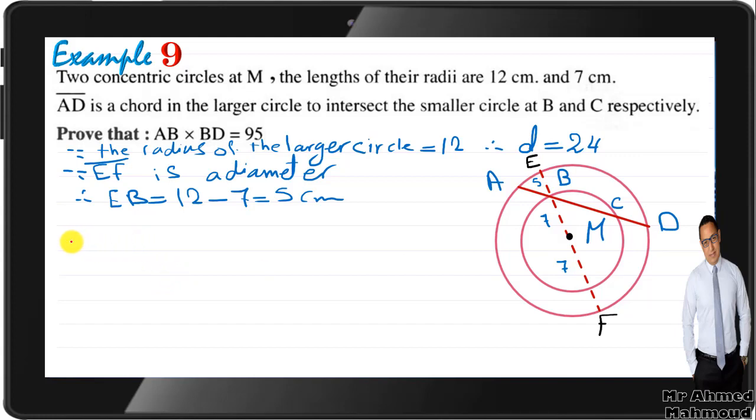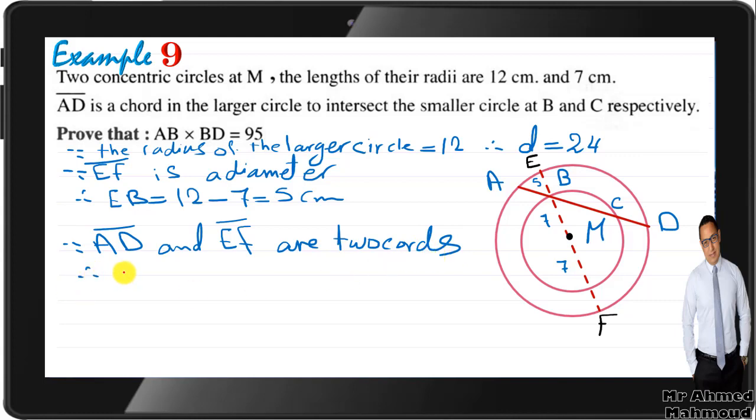Okay, now since AD and EF are two chords in the larger circle, therefore AB times BD equals EB times BF.